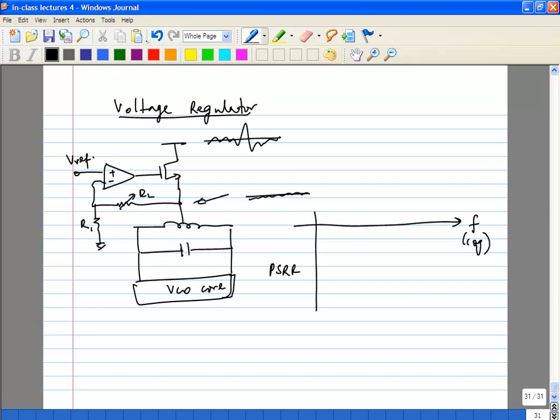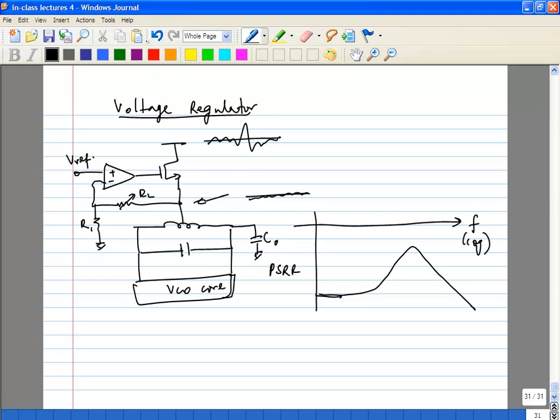So if you plot the PSRR for this, you will get a certain curve. What you can also do is add a cap here, let's say a cap C0. You have a certain regulator loop, so at very low frequencies you will get very good PSRR.